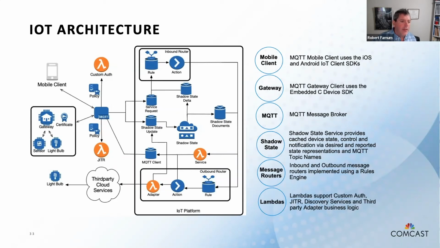And it's using the just-in-time registration process to take a certificate which is pending activation and make that certificate active by verifying that the certificate has not been revoked, and verifying that the certificate is associated with a subscriber that is allowed this capability, this feature. And finally, we generate a policy that then allows that gateway, on behalf of the devices that it's managing, to connect, publish, and subscribe to our message broker into the IoT platform.